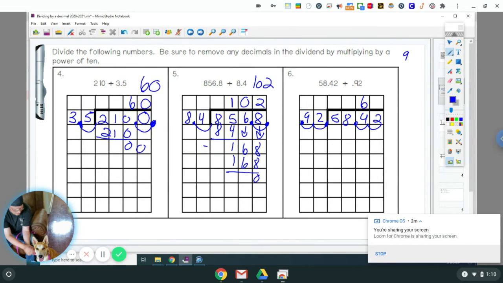And I actually do not know what that is, so give me a second. 552. And then bring down the 2. So then 92 goes into 322 3 times, which is 276. So 46 left over. And then this is where my decimal is at.